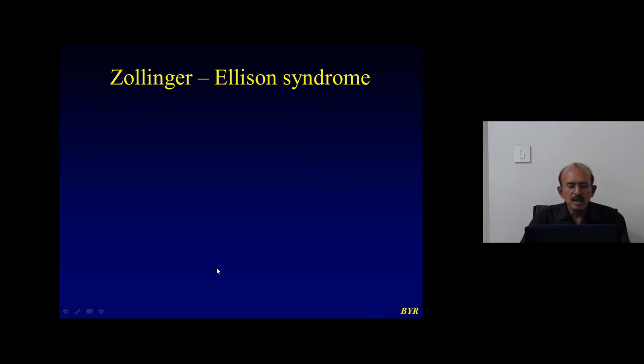In all these endocrine tumors, you must look for other endocrine abnormalities. That means most of the endocrine tumors can be a part of MEN syndromes. So you must always examine for MEN syndrome.